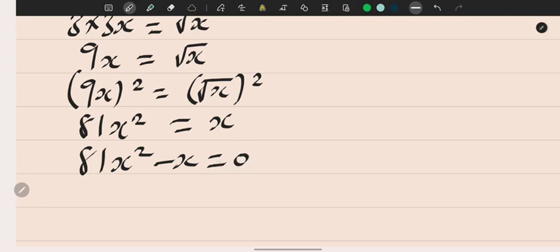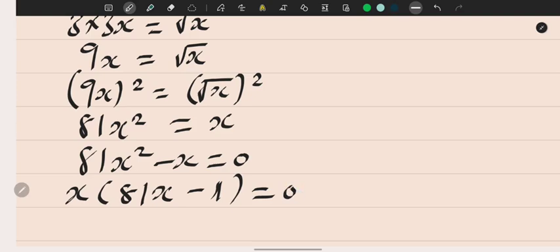So we have two terms on the left-hand side now, which have a common factor of x. When you factorize x, you're going to have x times (81x minus 1) equals 0.